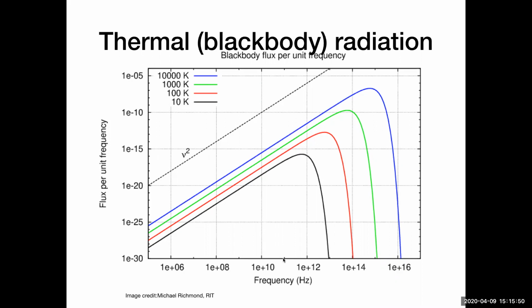And so anything below 100 gigahertz, you're always in this Rayleigh-Jeans limit, even probably with the CMB. And so it makes things so much simpler to not have to deal with the full Planck function.